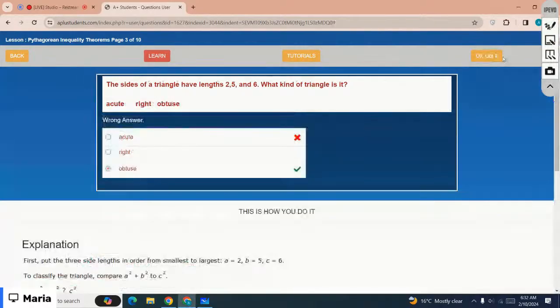That is the obtuse triangle. Okay, that is an obtuse triangle.